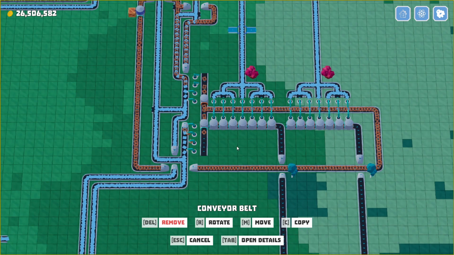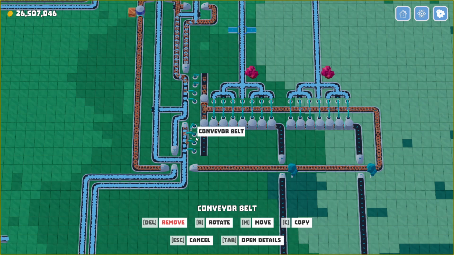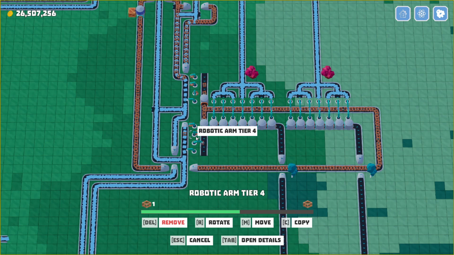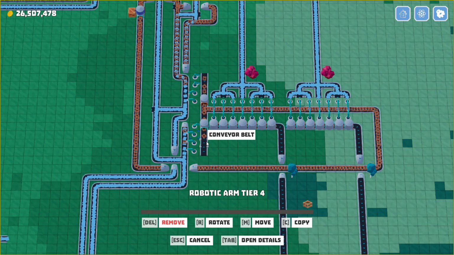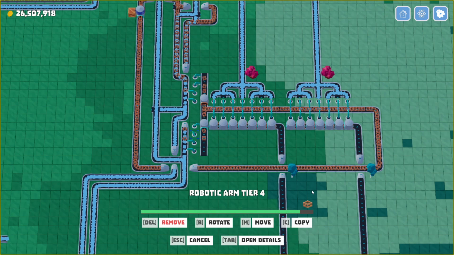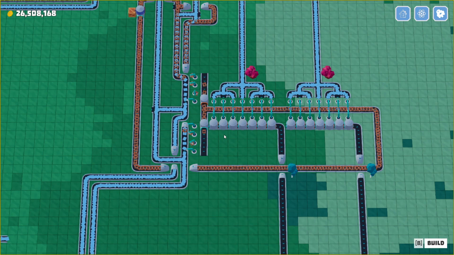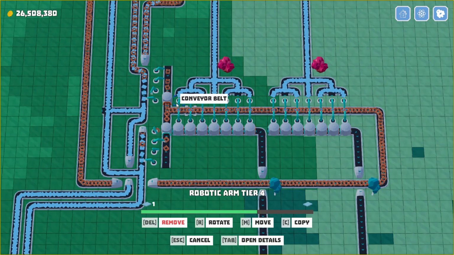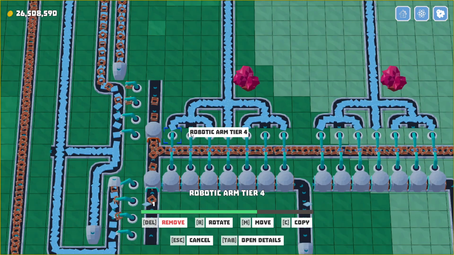Well, there's an interesting mechanic of Builderment with these robot arms. As you know, you can set them to a specific resource. In this case, I have these arms set to these wooden frames, and these arms up here are all set to iron plates.